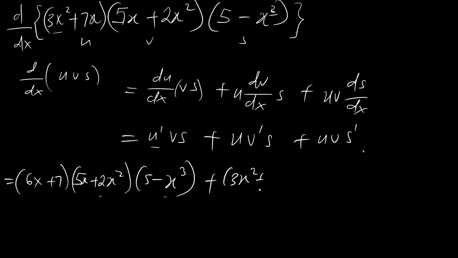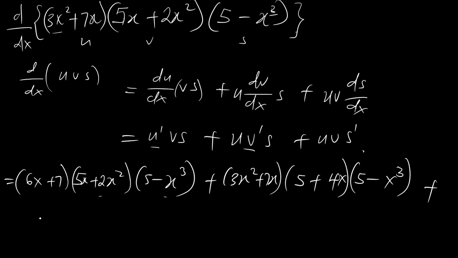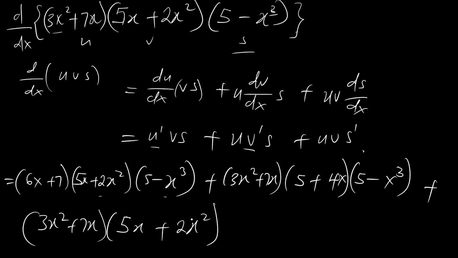3x square plus 7x, differentiate v, which will give us 5 plus 4x times leave x, which is 5 minus x cubed, then plus you leave u, which is 3x square plus 7x, then times you leave v, which is also 5x plus 2x square, then differentiating x.